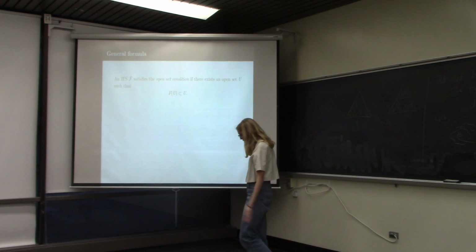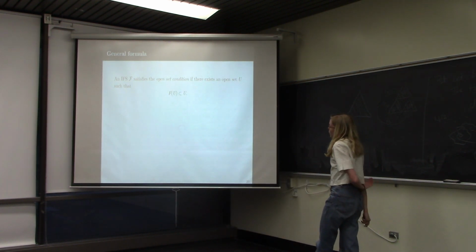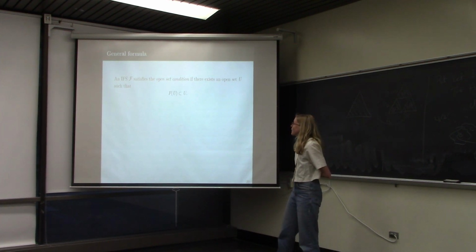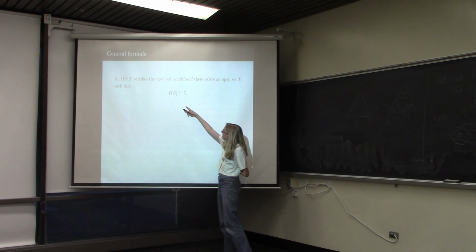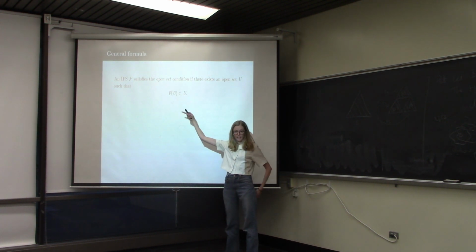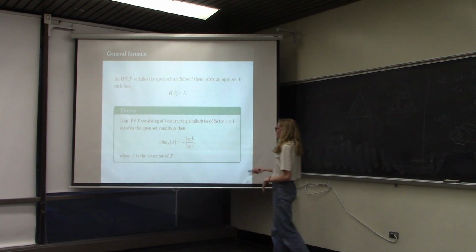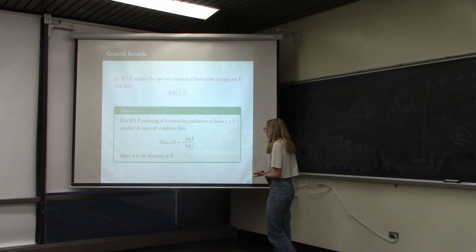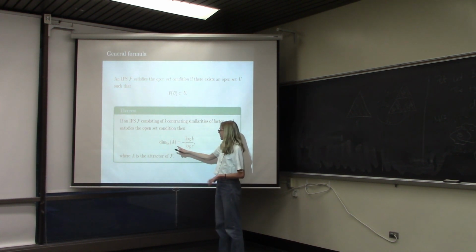In general, one can do that even more nicely. We say that an iterated function system satisfies something called the open set condition if we find an open set U such that f of U is again contained in this open set. That's sort of technical, but if our IFS satisfies this, then we have actually that this box counting dimension is given by the following.